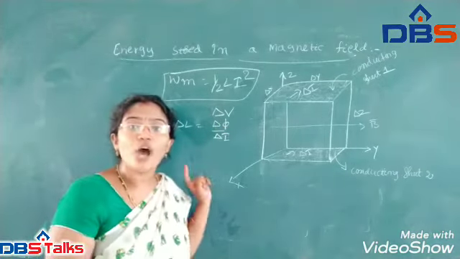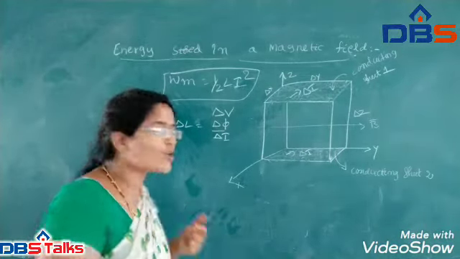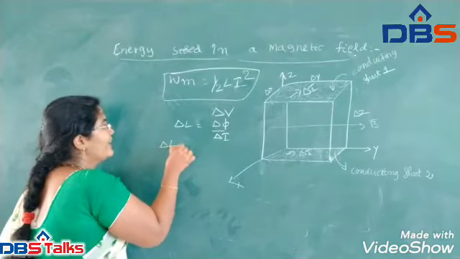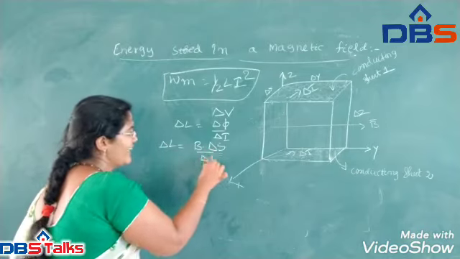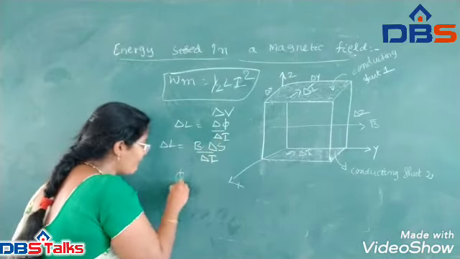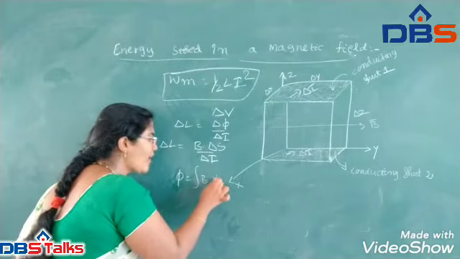Now delta phi will be expressed in terms of magnetic flux density. So delta L equal to B dot delta S divided by delta I, since phi equal to integral of B dot ds.